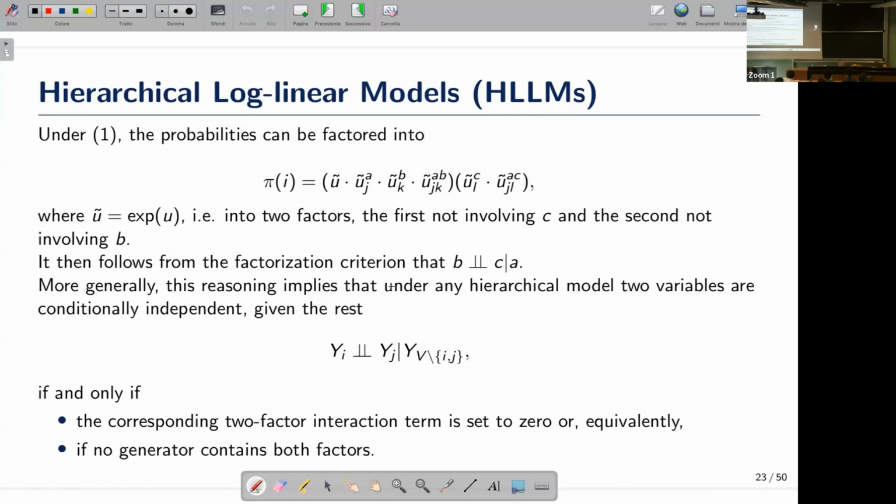In this case, it's written here: B is conditionally independent of C given A. So you have B, A, C, A, but you don't have anything about B, C.